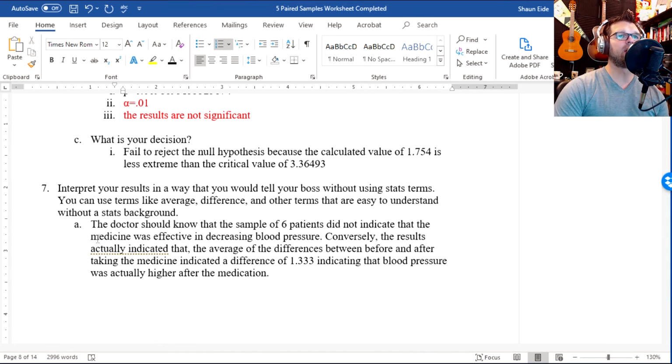The doctor should know that a sample of 6 patients did not indicate that the medicine was effective in decreasing blood pressure.